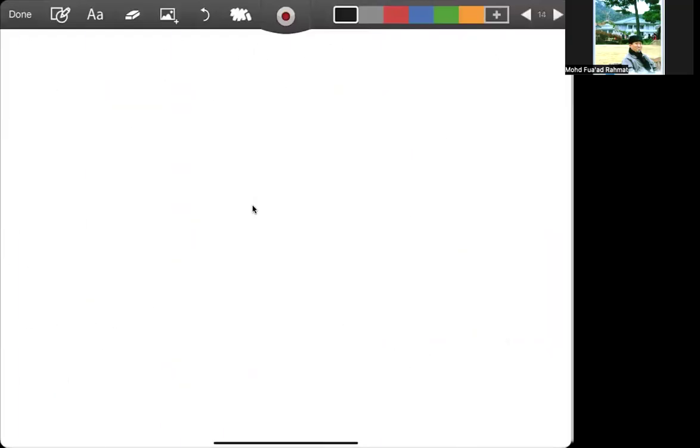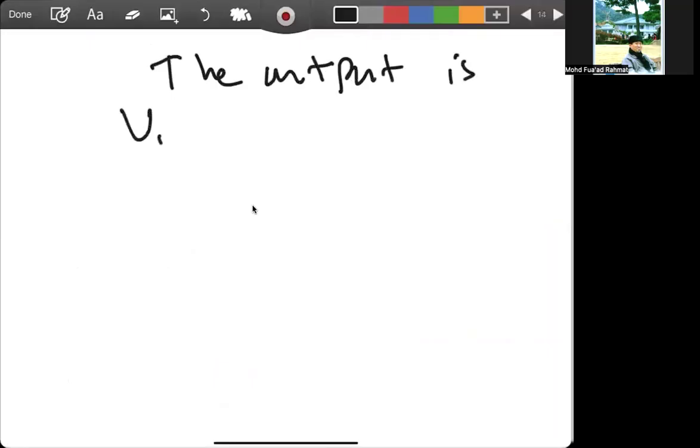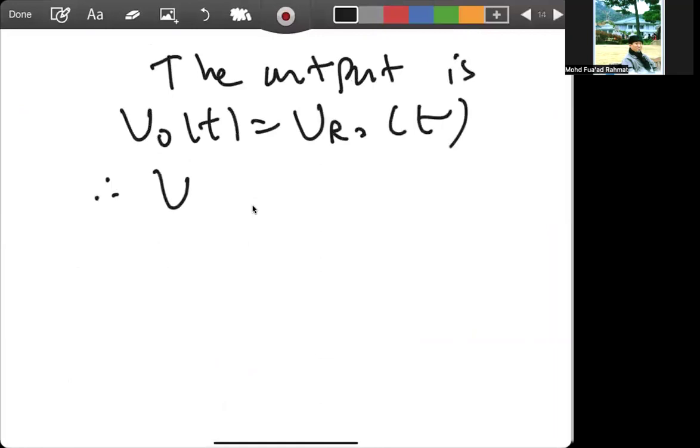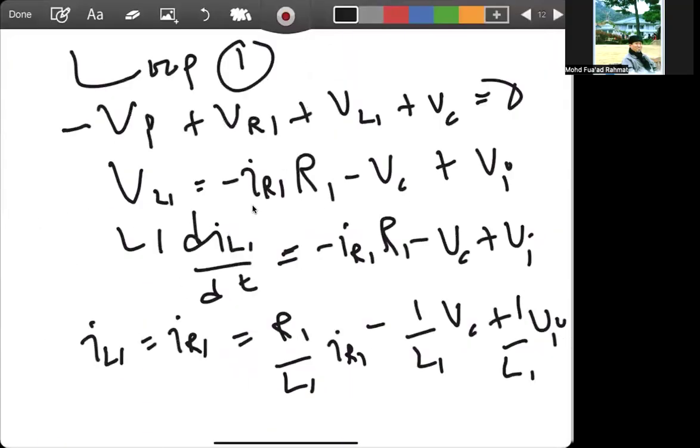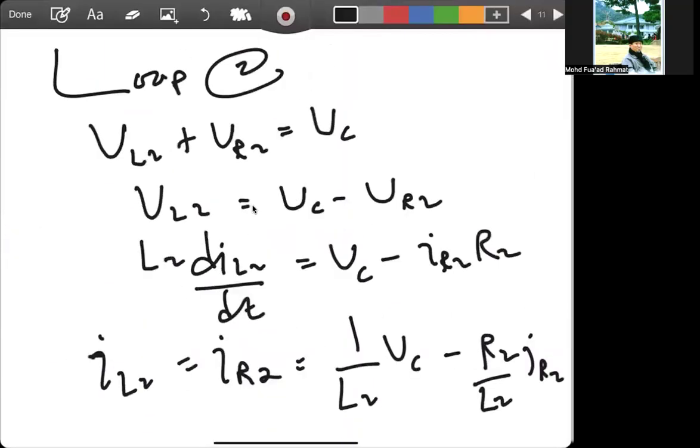And the output is V naught, which is VR2. So that's why it is equal to IR2 R2, the output. So now you have the output, KCL, loop 1 and loop 2.